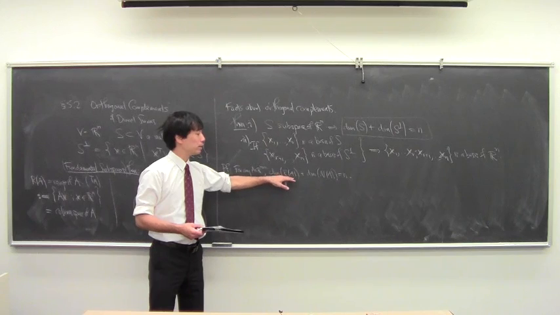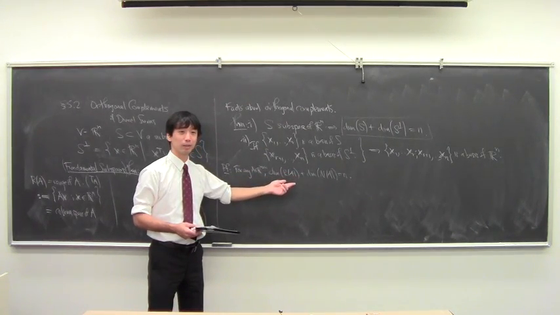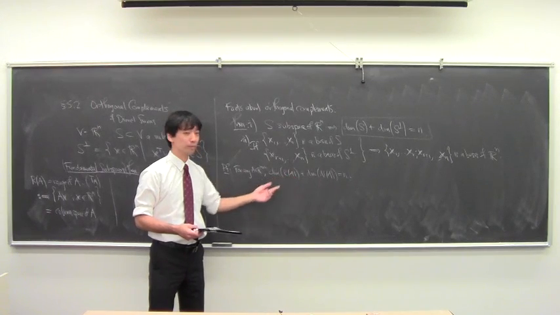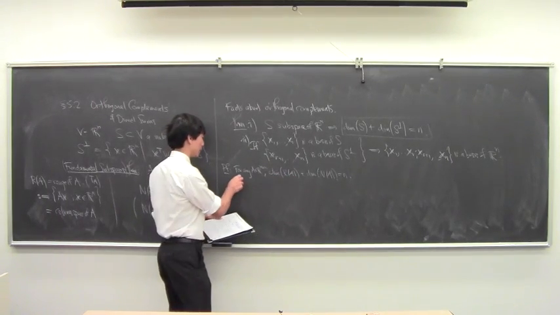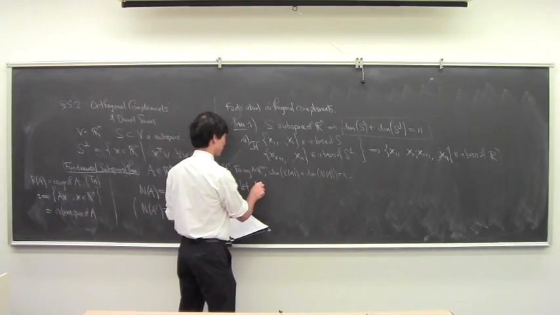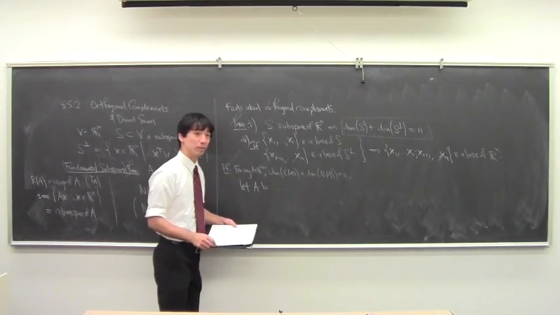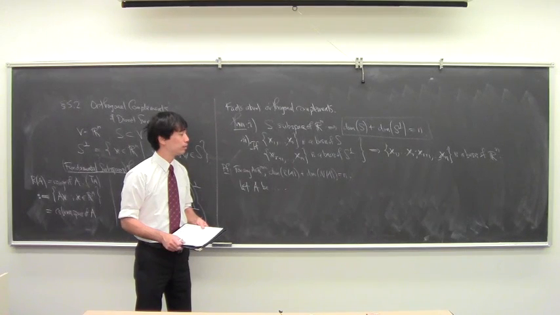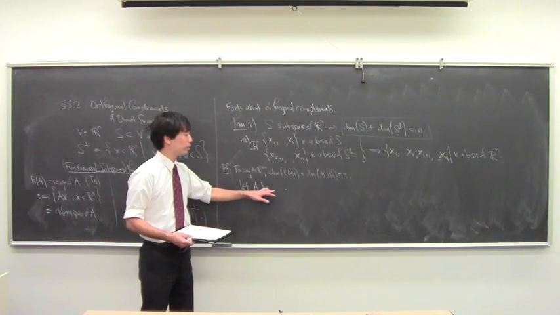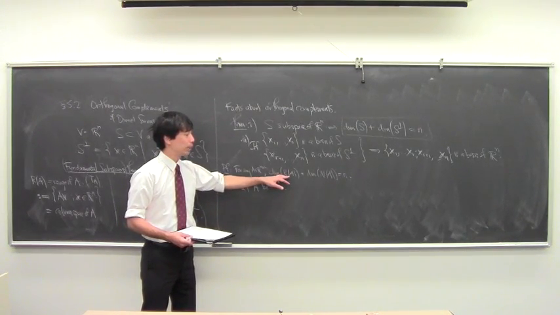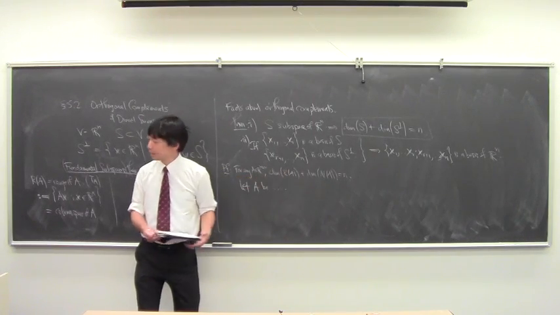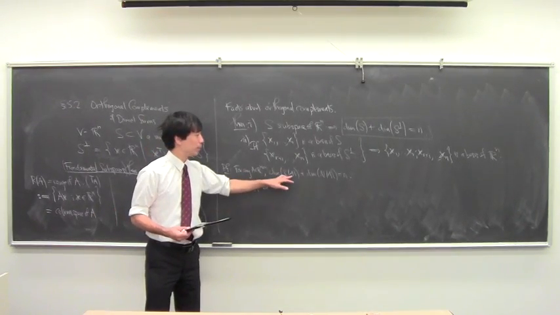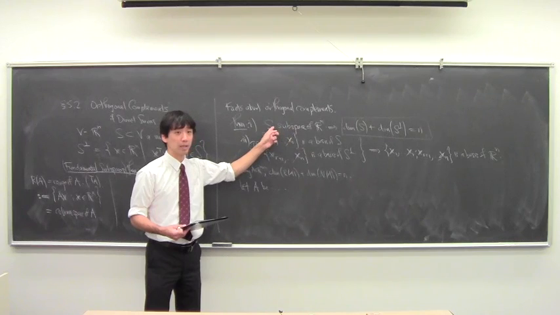So let's make an A so that our A is S. What should we use as our A? Let A be something. What kind of matrix would be such that the range of that matrix, that's to say the column space, would be the same thing as this subspace here?